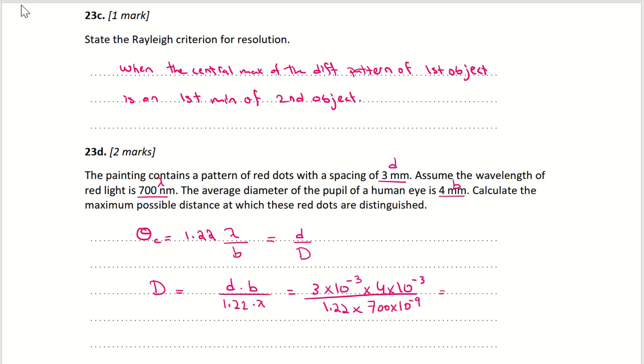Okay, so the answer for this one is going to be 3.5 times 10 to the power of minus 9, and the unit here is meters.